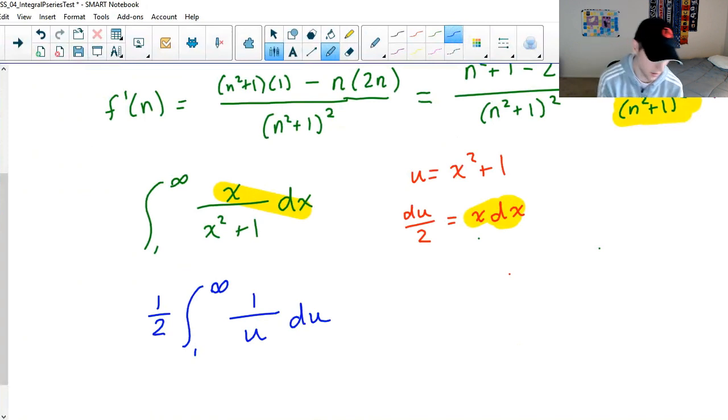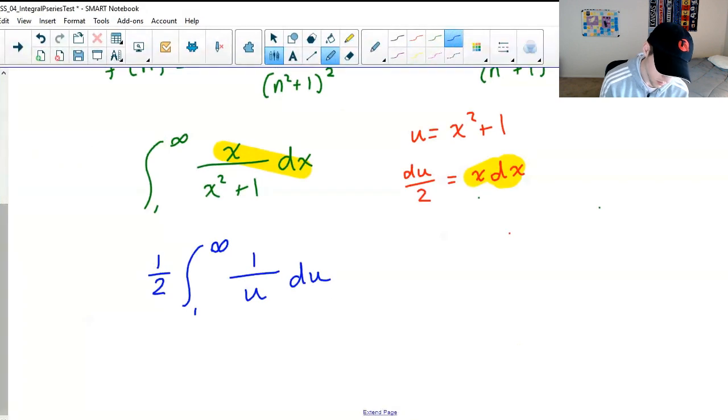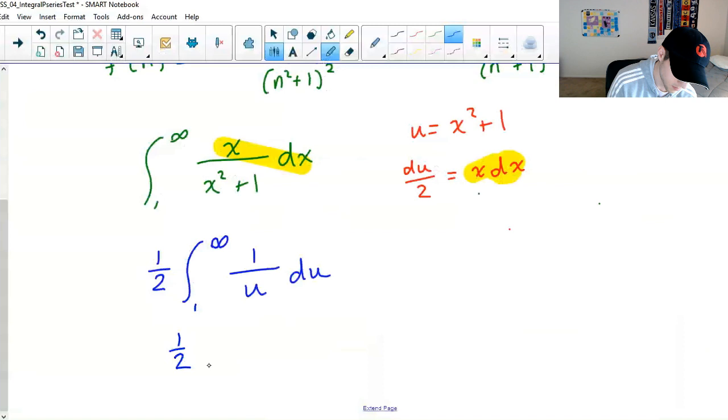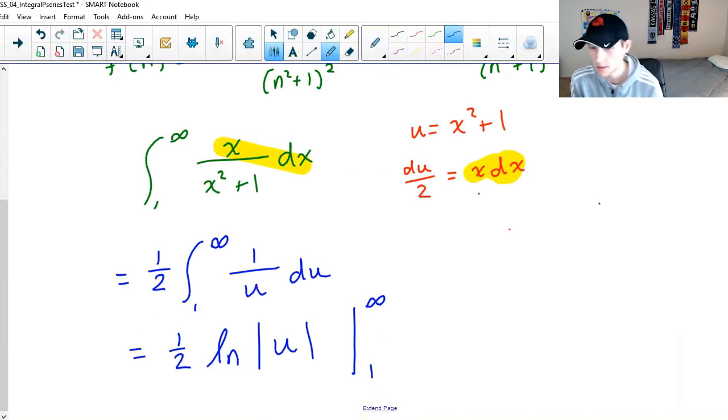Hopefully, we know that the antiderivative of 1 over u is natural log. Right, then it's being evaluated from 1 to infinity.